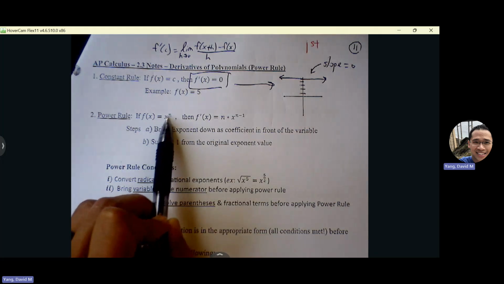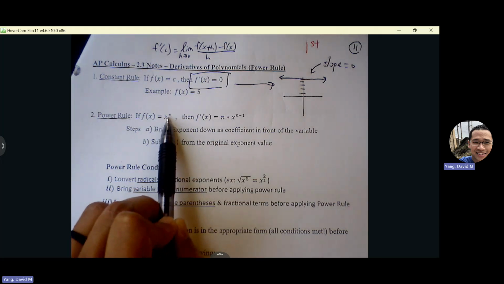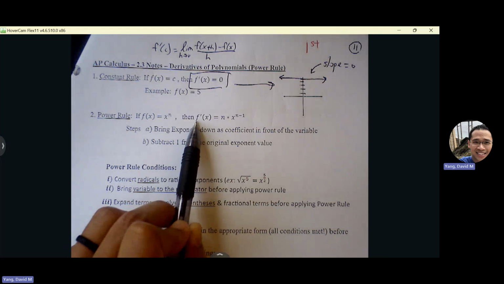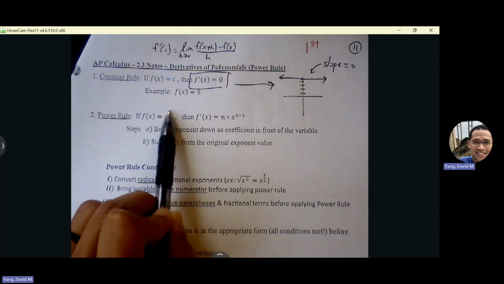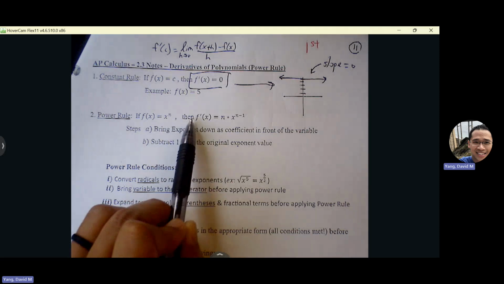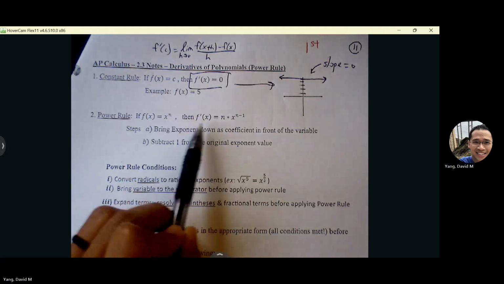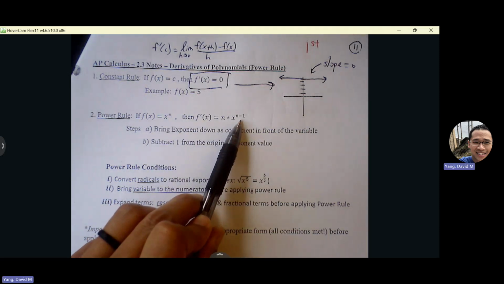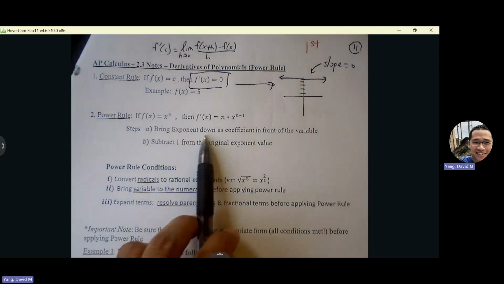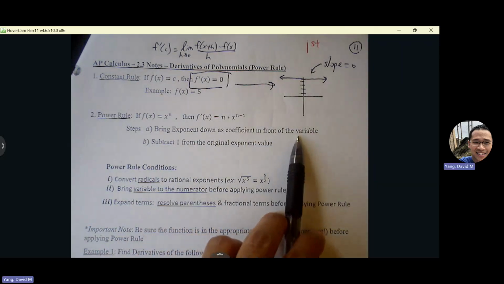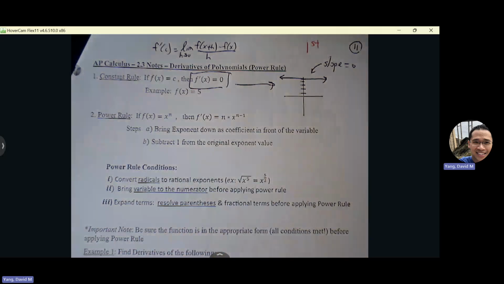So if I have a function that is x to the nth power, where n is a constant, a numeric rational value, then the derivative, or the slope formula of this curved graph, is simply bringing the exponent down and then subtracting 1 from the exponent. We bring the exponent down as a coefficient in front of the variable, and then we subtract 1 from the original exponent value.